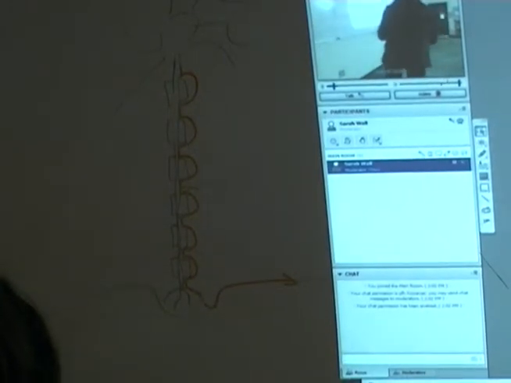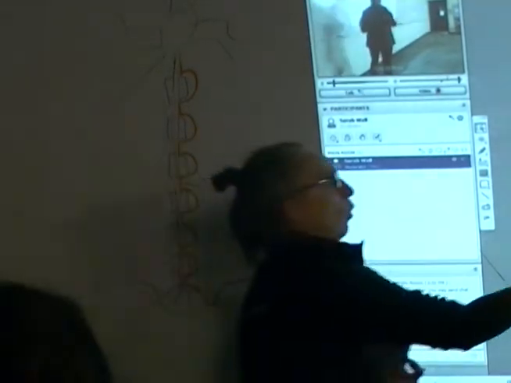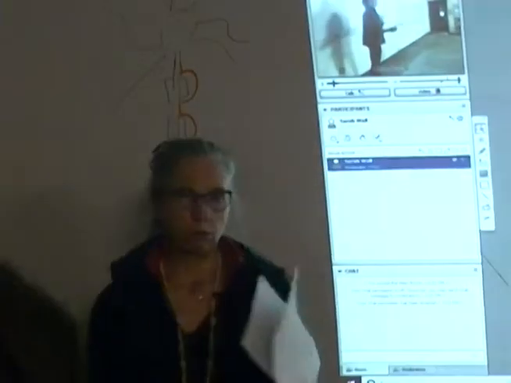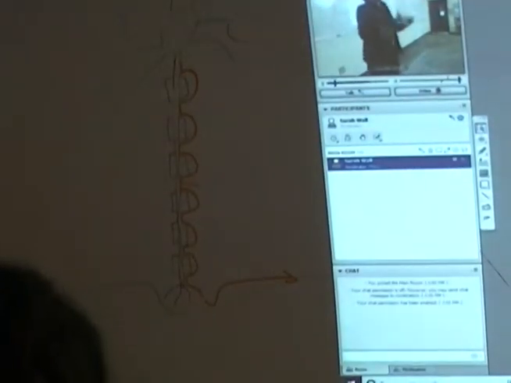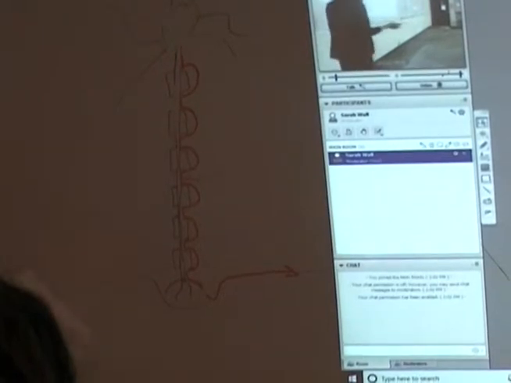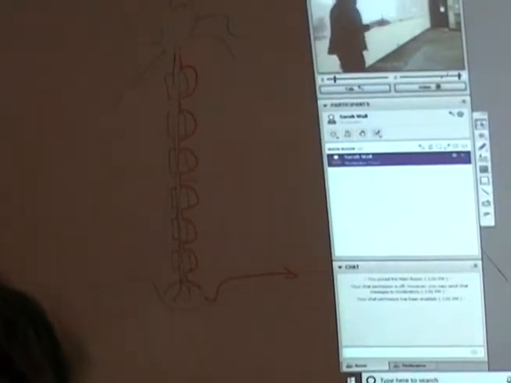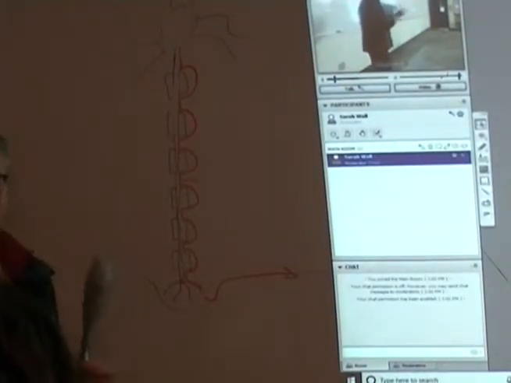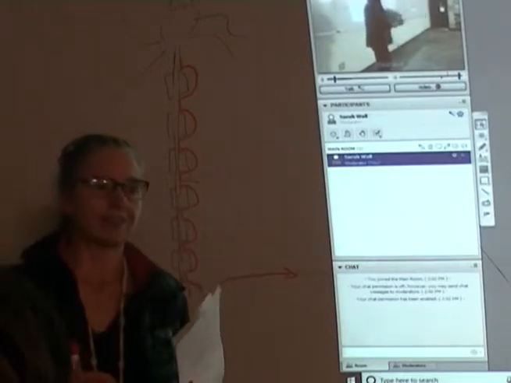So we have the all or none law. Either all the muscle fibers in the motor unit contract or none of them contract. There's no halfway house, and they don't only slightly contract, they contract.